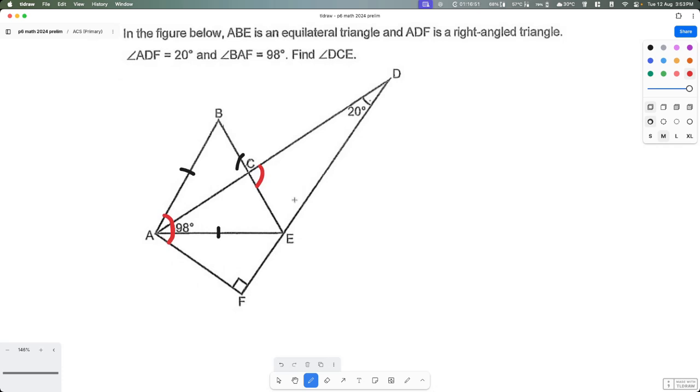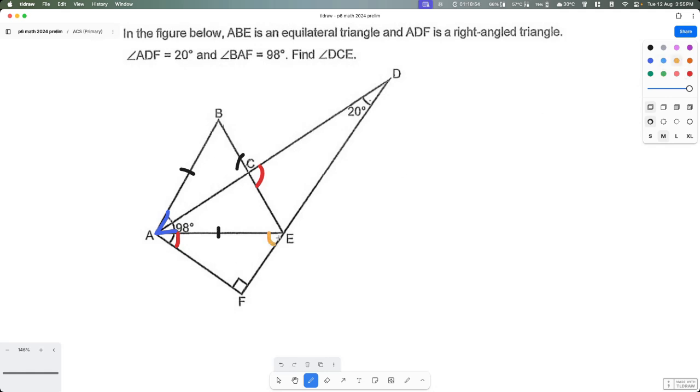Okay, so over here, first, what we can get is this angle. So I'm going to draw a different color. So this angle over here, minus 98, and then we will get this angle in red. And since this whole thing, AEF, is also a right angle triangle, we can then use that to get this angle over here.